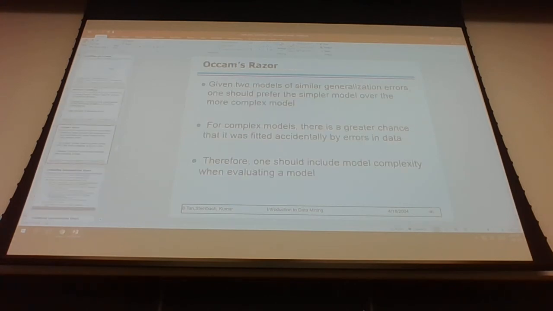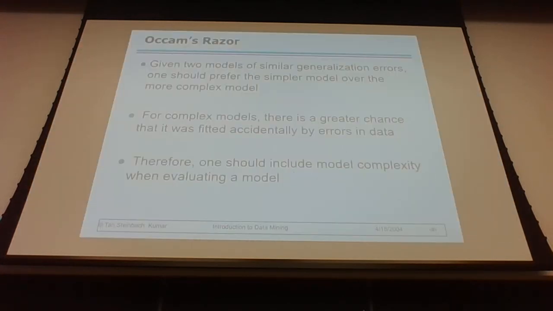So we stopped here, Occam's razor. What is it? It's a very simple postulate that given two models of similar generalization error, you should always choose the simpler one. And why? No specific reason, only speculation.